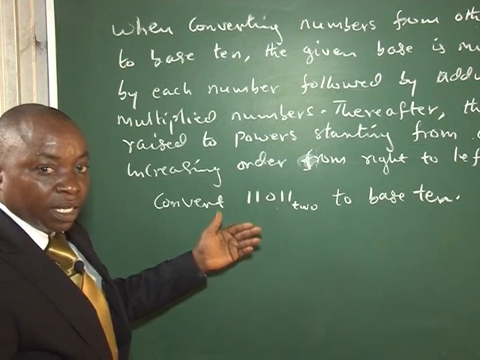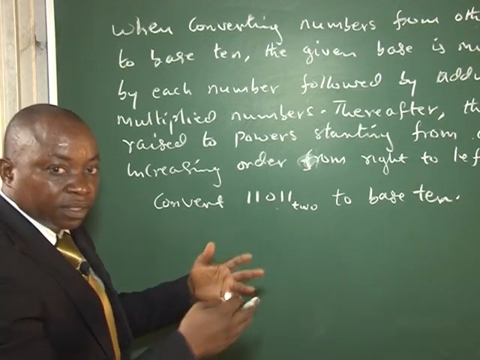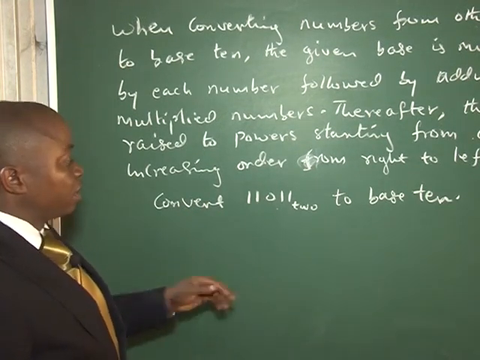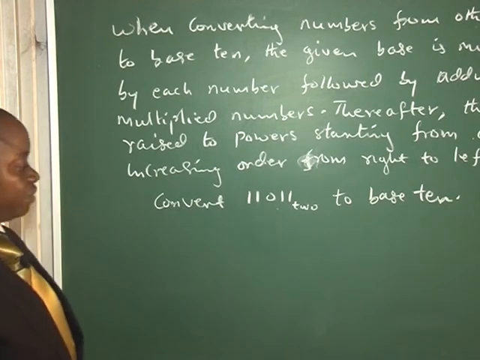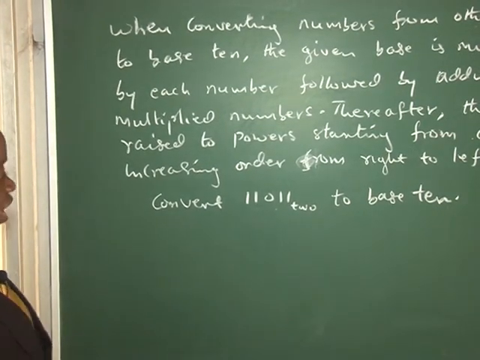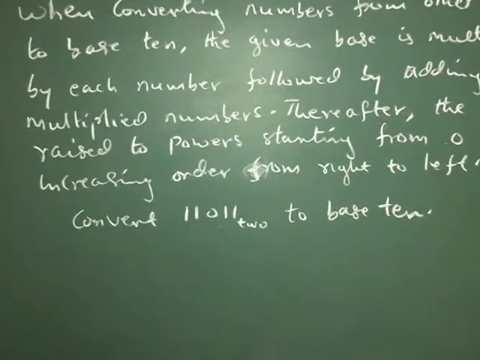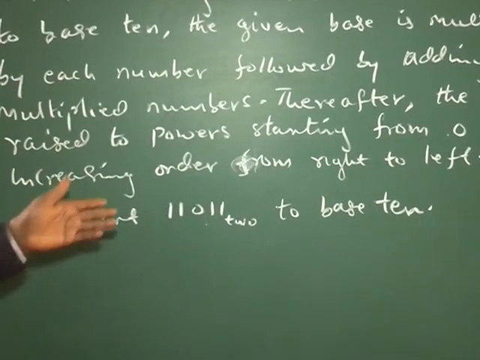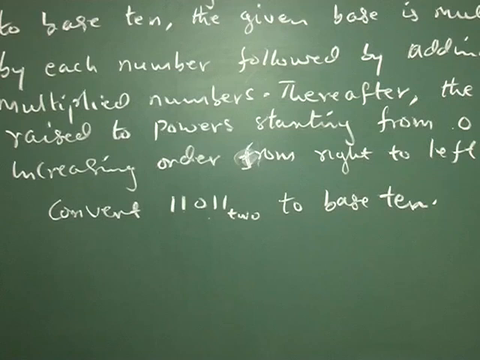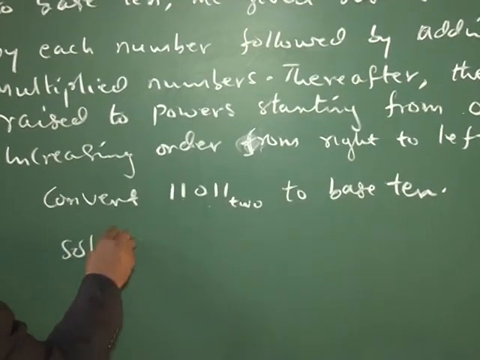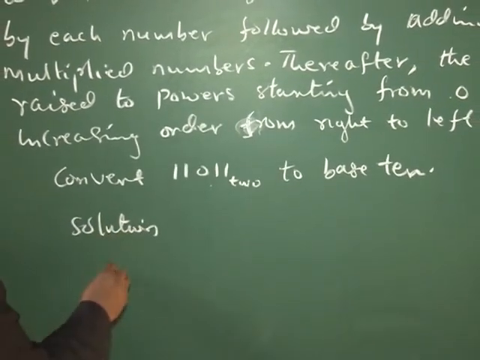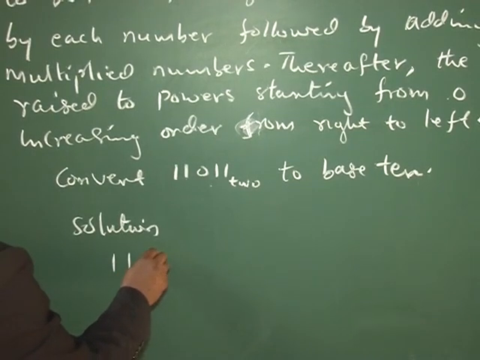No number from 3 will be found. Now let's look at this. How do we convert this to base 10? Based on the explanation, we can follow the following steps. We have 11011.